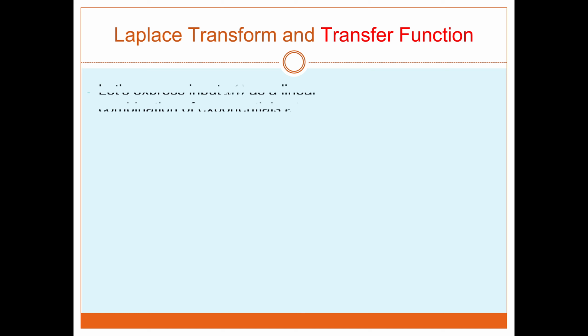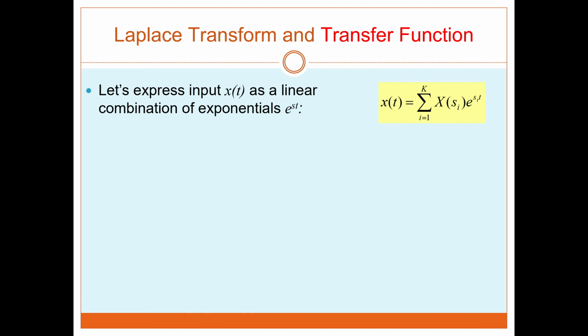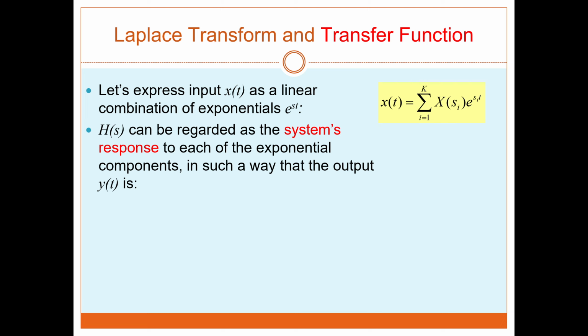If we have the input x(t) as a linear combination of exponentials e to the st, so we know that H(s), the system response or impulse response, will look like this.